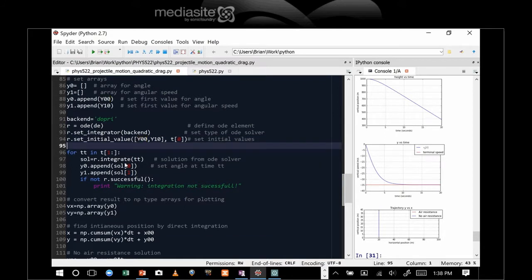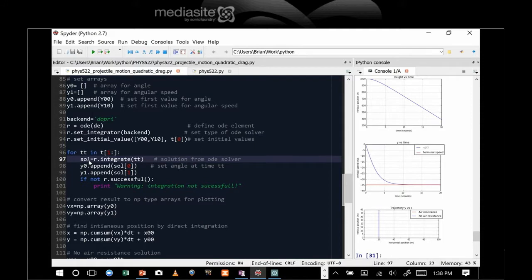Then what I do is for every time tt in my array t, I start at 1, because if I started at 0, that would be the initial time 0. I know the solution at the initial time, so I'm going to start at 1. And then this is the main line right here. This solves it. And then I take the solution.